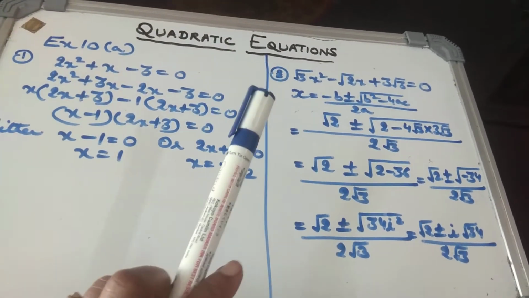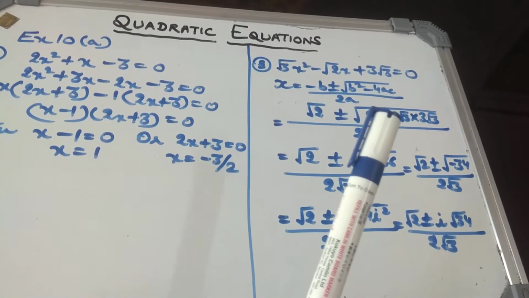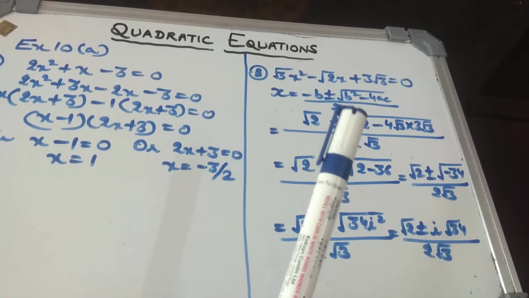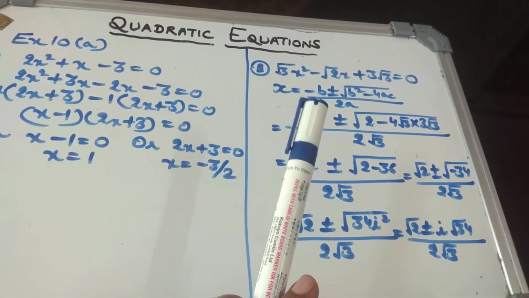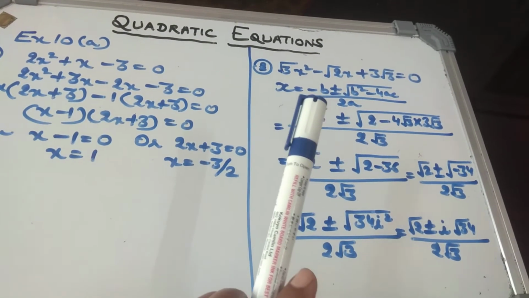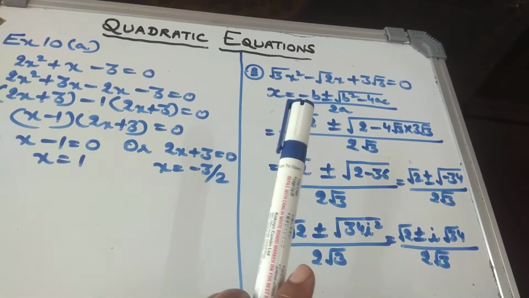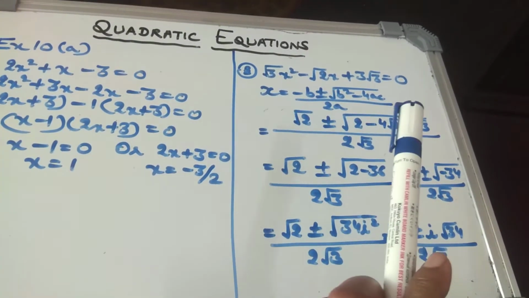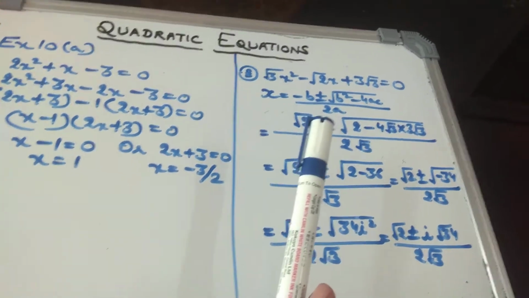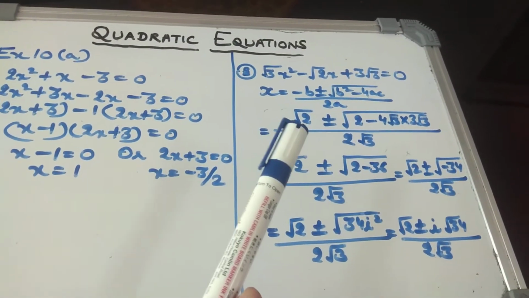So what we do is we write down the formula: x equals minus b plus minus square root of b square minus 4ac, upon 2a. Now be careful, you write down the formula correctly, that is the numerator should be written completely with the sign of the root, with the line drawn across, upon 2a. Now substitute the correct values with the correct sign.